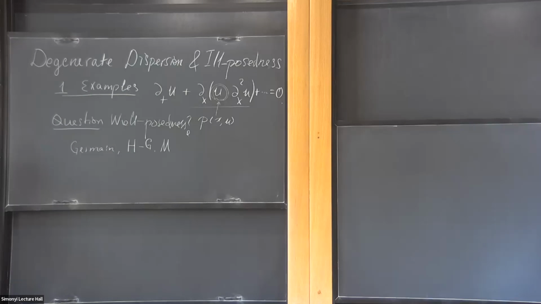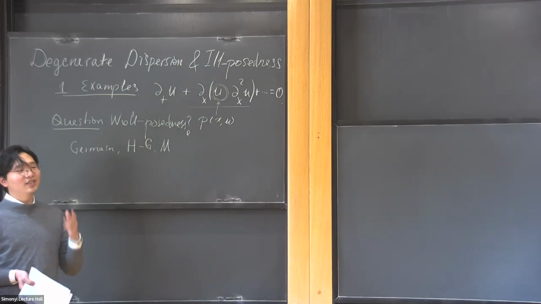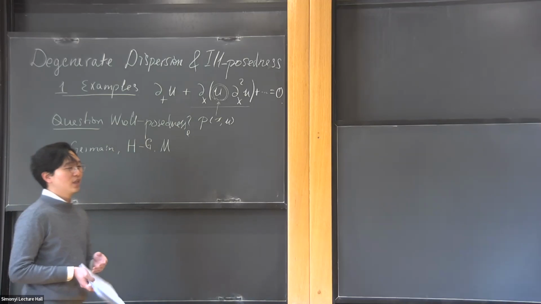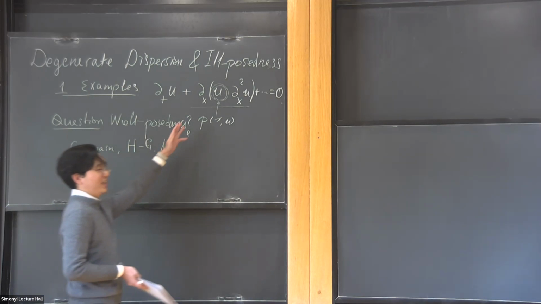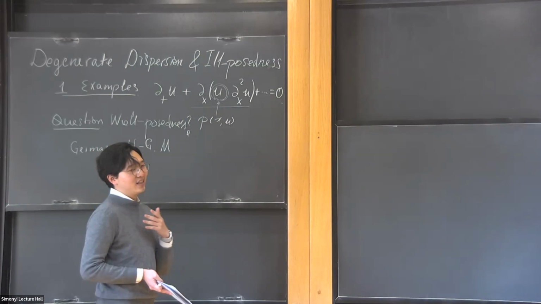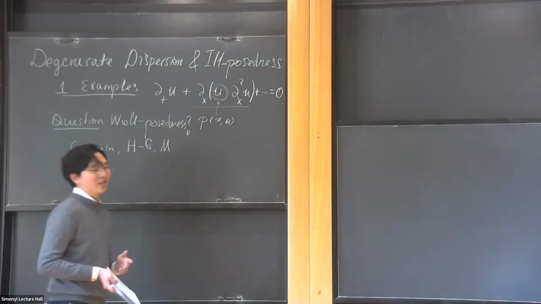And what I want to talk about mainly today is the construction of so-called degenerating wave packets, which in particular show immediately that this kind of degenerate equations are ill-posed in any standard function spaces you can imagine.